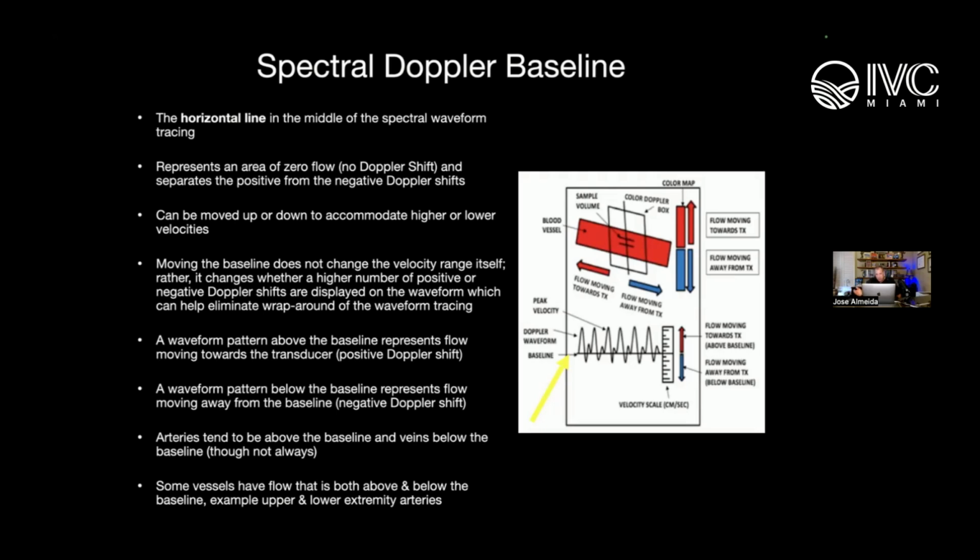Adjusting the sweep speed will let you know, based on the sweep of the spectral Doppler going left to right on the screen, how much time elapses between the shift from negative to positive again. Is that correct?